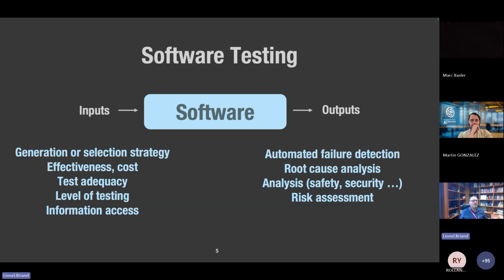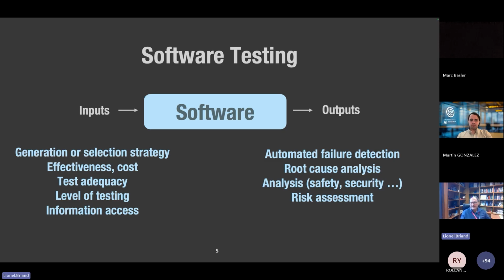And of course, the question is how can you devise efficient and effective test strategies? How can you make sure that your testing is sufficient in order to reach an acceptable level of confidence?